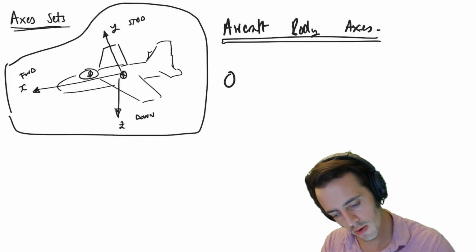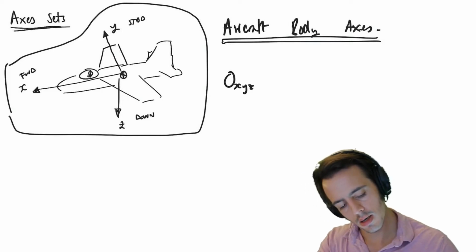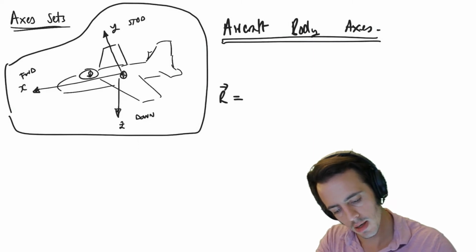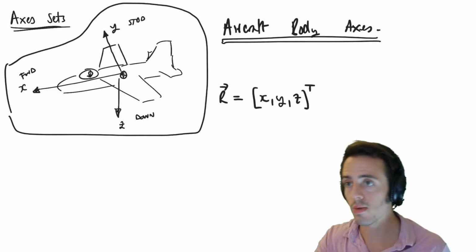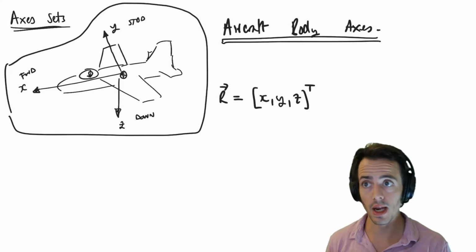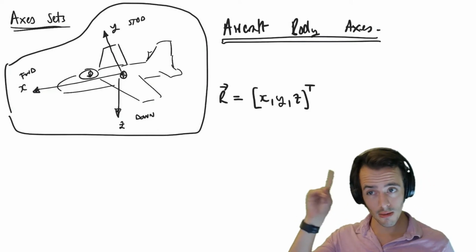Let's just say that we've got a position vector, R is equal to X, Y, and Z. Okay, so we don't have a subscript when we're working with aircraft body axes, because we're going to ultimately put all of the forces and the accelerations into these axes.